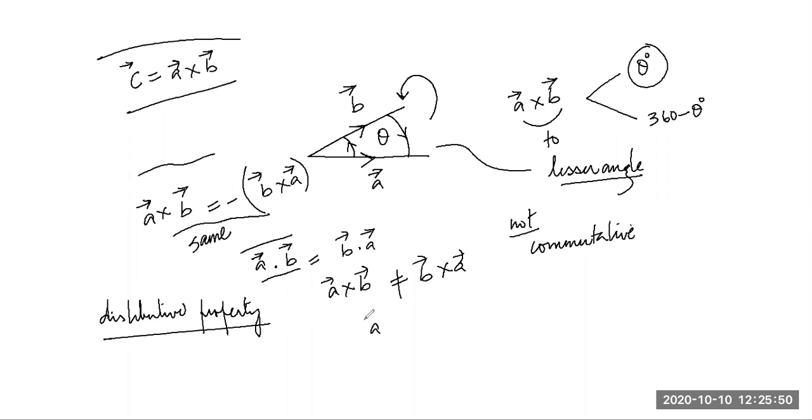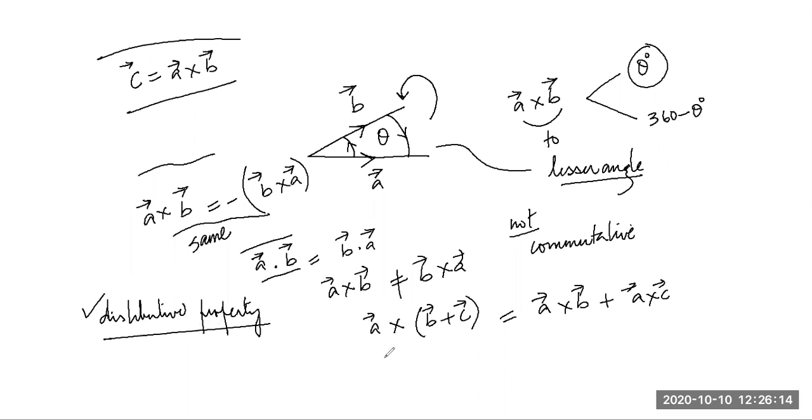So if I have vector A cross product vector B plus vector C, this would be equal to cross product of A and B plus cross product of A and C. That means the vector product is distributive.